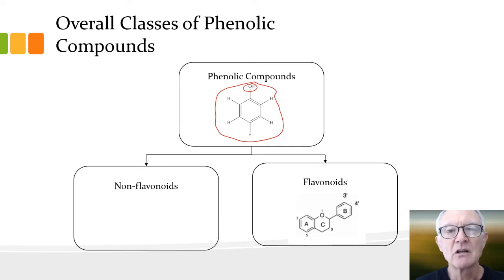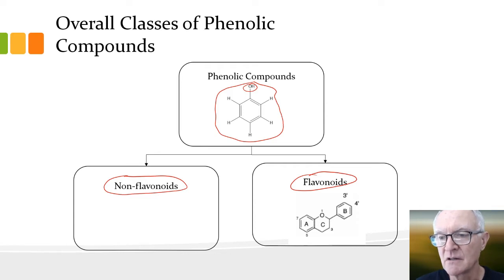The overall group of phenolic compounds are broken into two major subgroups, non-flavonoids and flavonoids. Flavonoids are characterized by this 3-ring system that consists of 6 carbons in ring A, 3 carbons in ring C, and 6 carbons in ring B. So you'll see this 6-3-6 structure repeated over and over again.